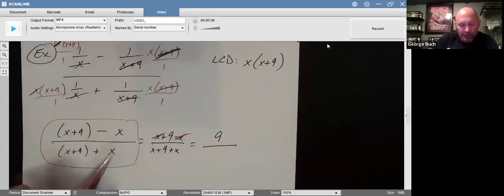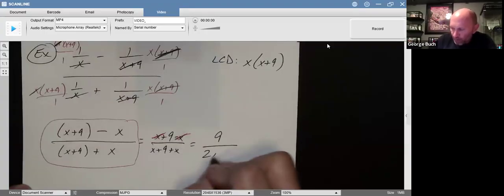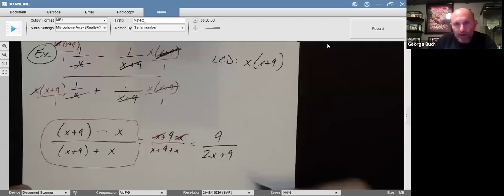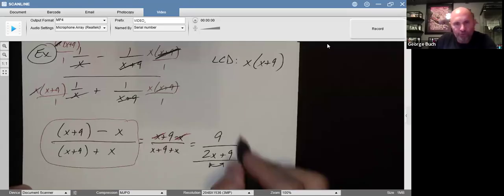There's no more fractions left there. That's how I know I did it right. And then in the bottom, x plus x is 2x plus 9. Can I cancel the 9's? No, I may not. This 9 is connected to this 2x because of the plus sign. That is your final answer.